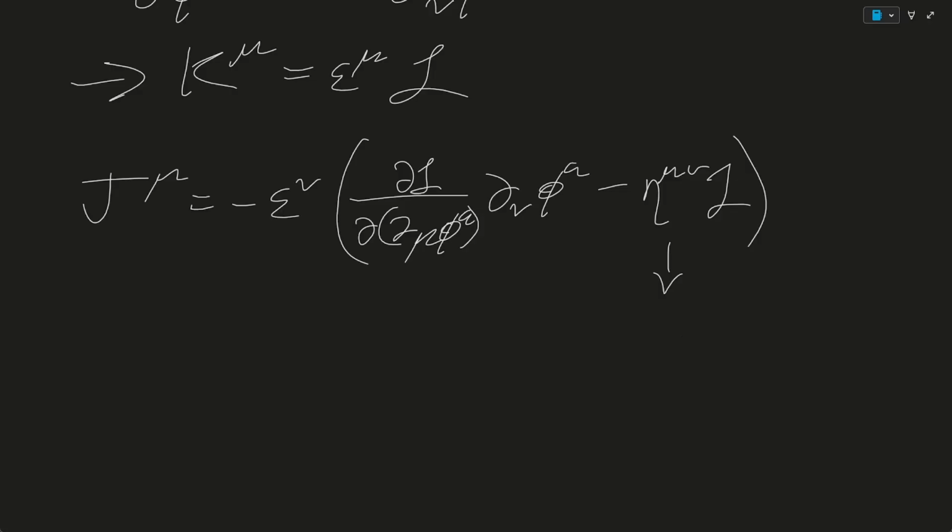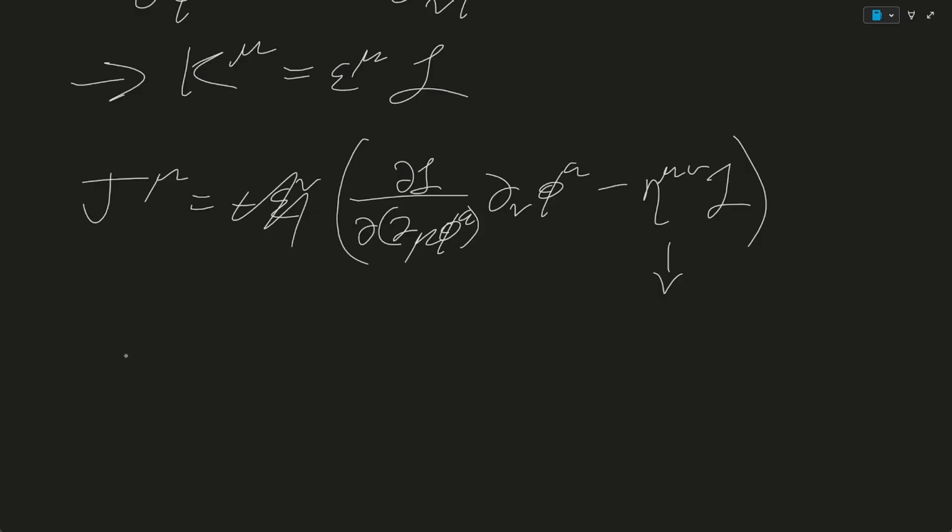Well, we have factored this out, and now what we have is something that's quite useful, which is our canonical stress energy tensor. We can get rid of epsilon basically because it's just some arbitrary parameter.